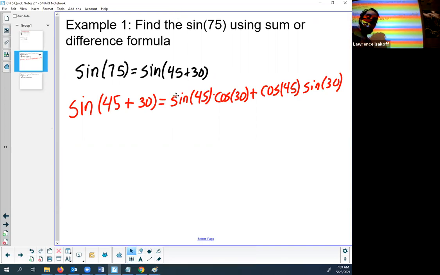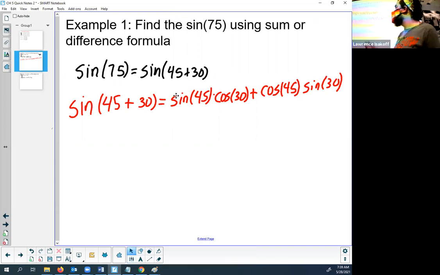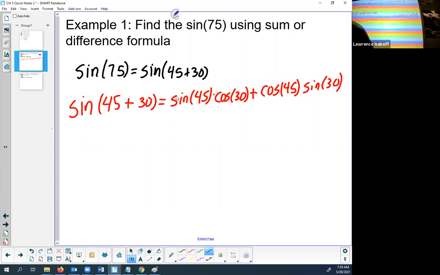Okay, now here's where the unit circle memorization comes in. Sine of 45. So again, sine starts at 0, goes up to 1/2, then is root 2 over 2. So sine of 45 is root 2 over 2 times the cosine of 30.